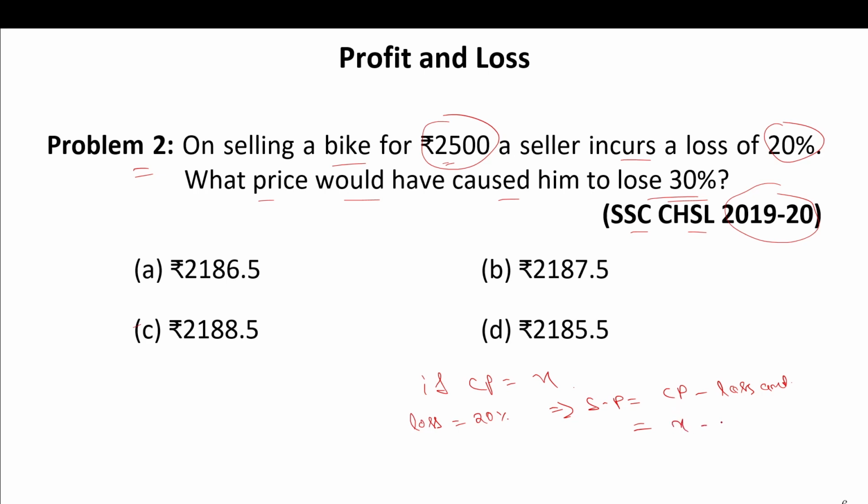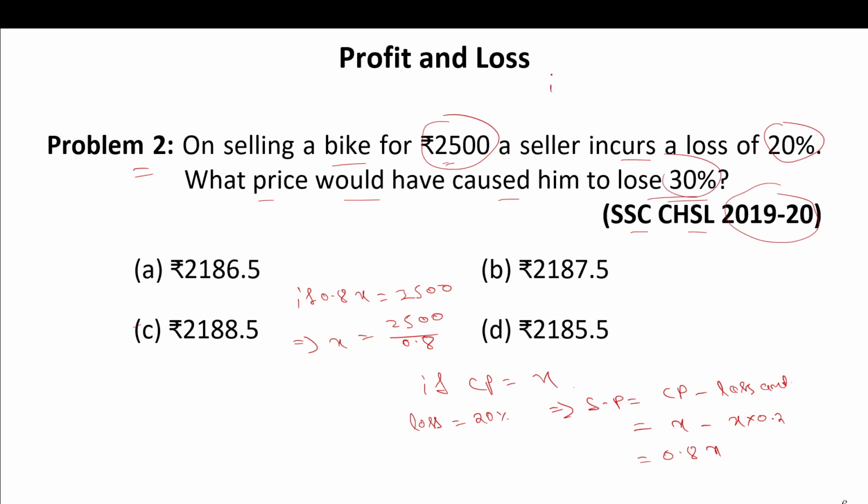CP is x, so the loss amount is x into the loss percentage, that is 0.2, the percentage in decimal. So SP is equal to 0.8x we can say. So if 0.8x is equal to 2500, this implies that x is equal to 2500 by 0.8. It tells us what price would have caused him to lose 30%.